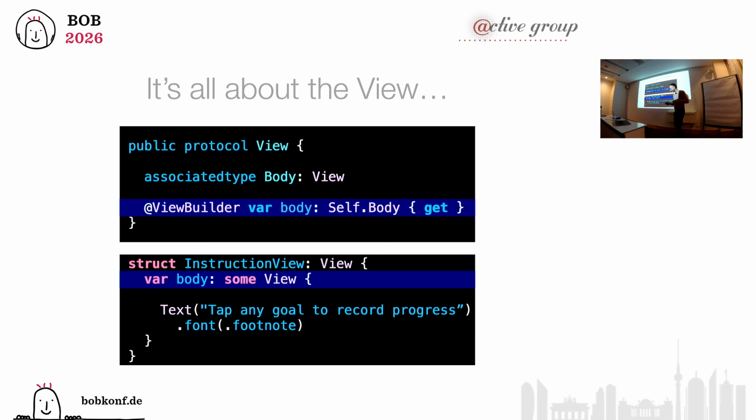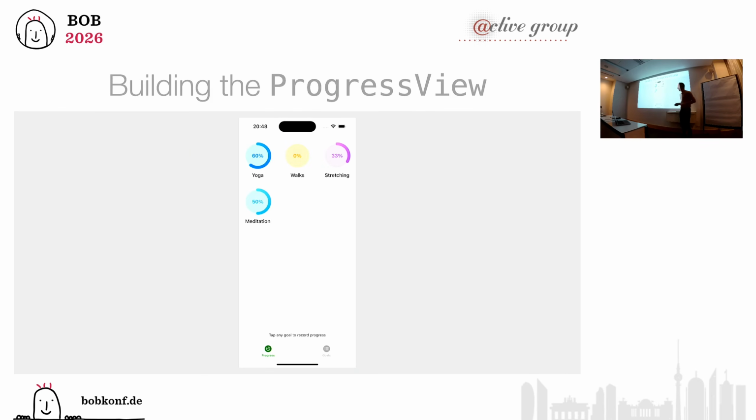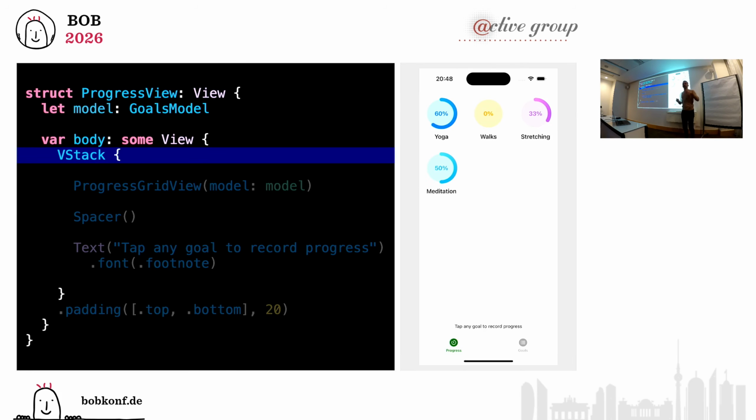All right. So now that we know the basics, let's go to our example and try to build it. Just like before, we have a new view struct, only this time around, it gets an argument, the model we are trying to put on the screen. And then there's a VStack. A VStack is a vertical stack of things. That fits here.